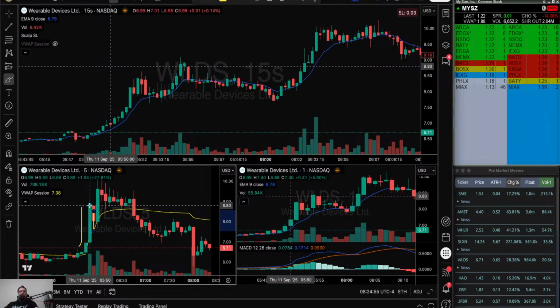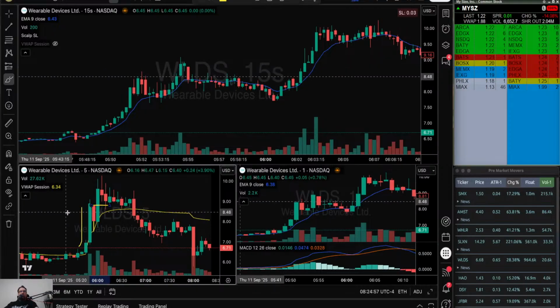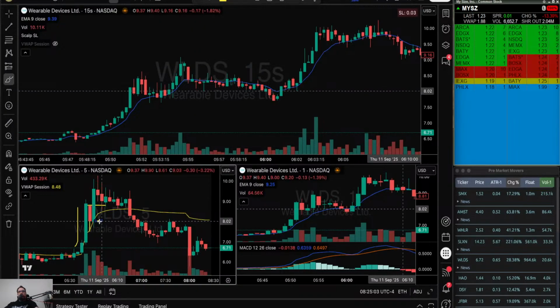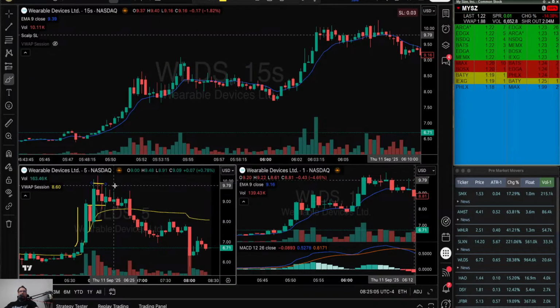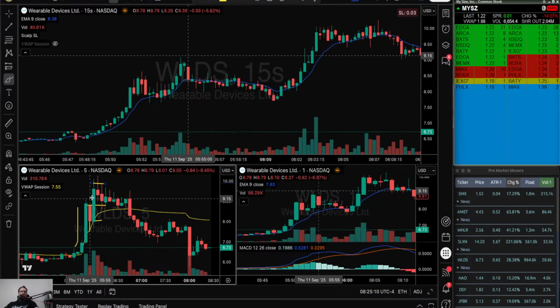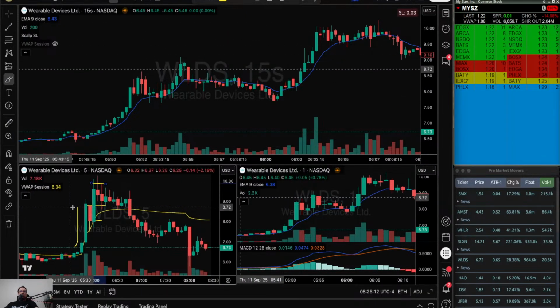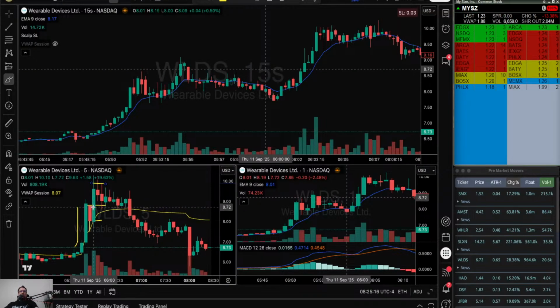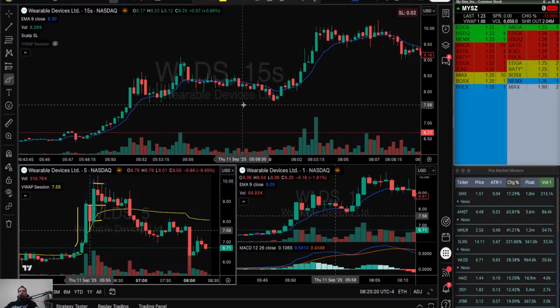But if you got in on the break of that high right there of 879, you put your stop down here and you take some profit up in there, once you get like a 1 for 1 or something. What was it? 879 was the high. That was roughly right up in this area.